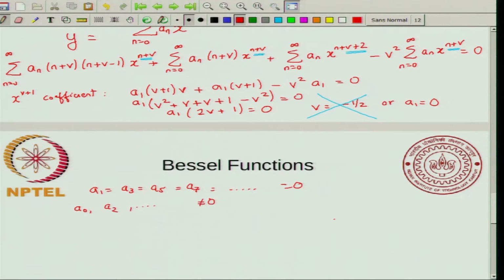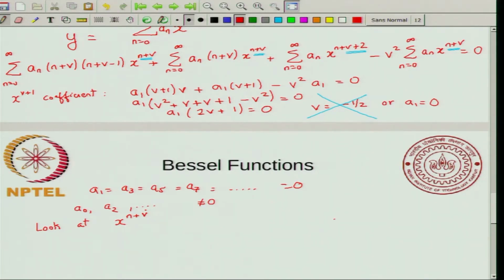And again, if you work out this solution, we can look at x raised to n plus v. So, we look at the coefficient of x raised to n plus v.